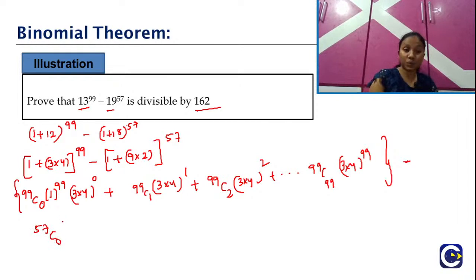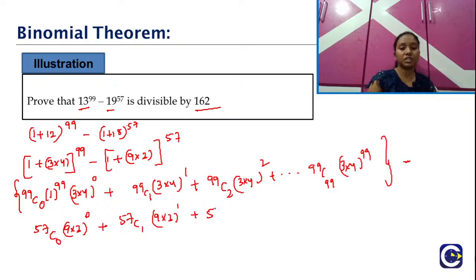57C0, again 1 so no need to write, 9 into 2 power 0, plus 57C1 9 into 2 whole power 1, plus 57C2 9 into 2 whole square, and so on.